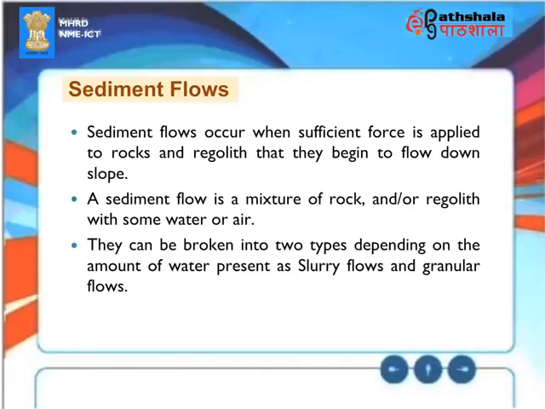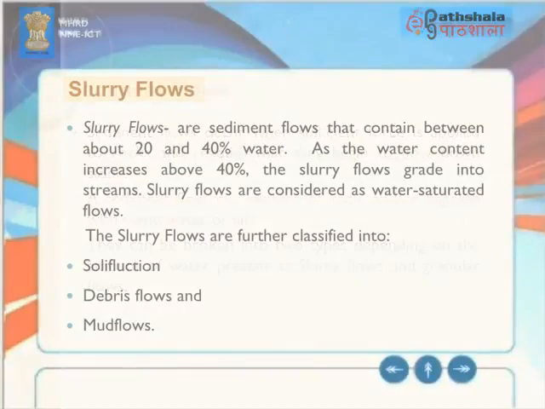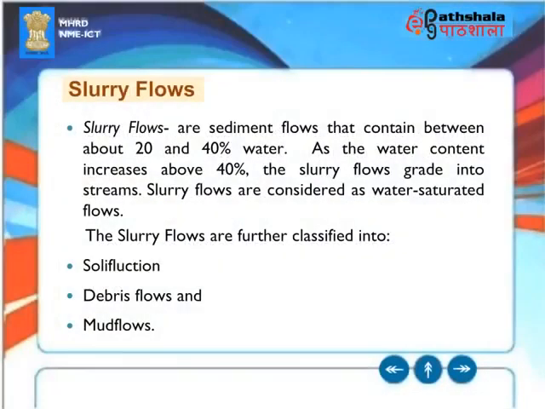A sediment flow is a mixture of rock and/or regolith with some water or air. They can be broken into two types depending on the amount of water present: slurry flows and granular flows. Slurry flows. Slurry flows are sediment flows that contain between about 20 and 40% water.